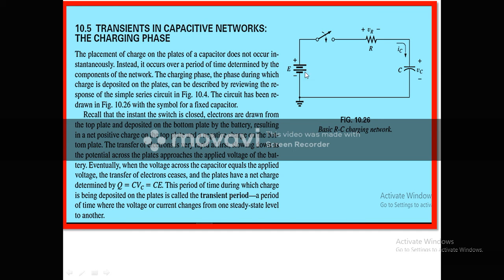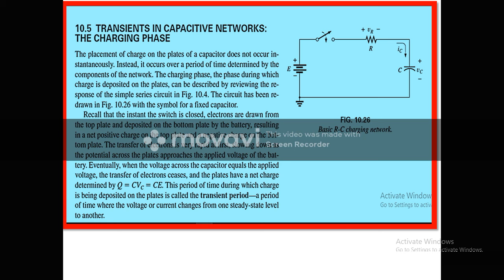So the process of storing the charge continues till the voltage across the capacitor reaches the voltage of that source. Means if VC is equal to E, then there will be no potential difference between these two. So no current will appear, and we can say that the transfer of electrons ceases.